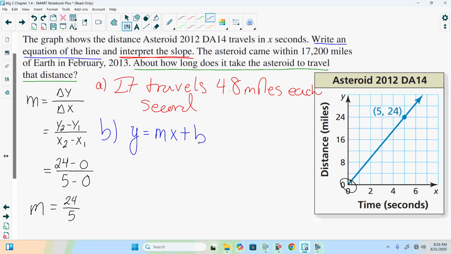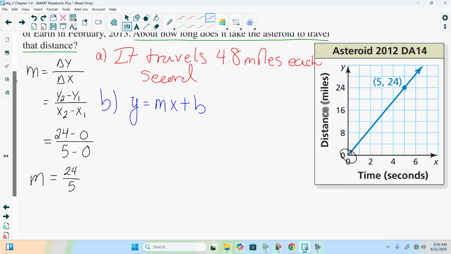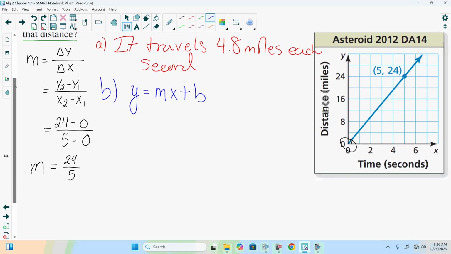Second part, we need to find the equation of a line. y equals mx plus b. Now the question is, why did I use that over slope-intercept or slope-point? Because at this point here, do we know the slope? We do. Do we know what the y-intercept is? Yeah, because the y-intercept is 0, comma, the y value of the intercept, because the y-intercept is the y value when x is 0.